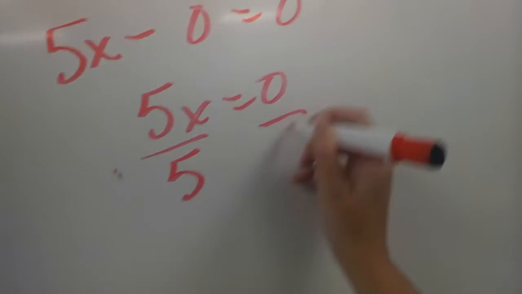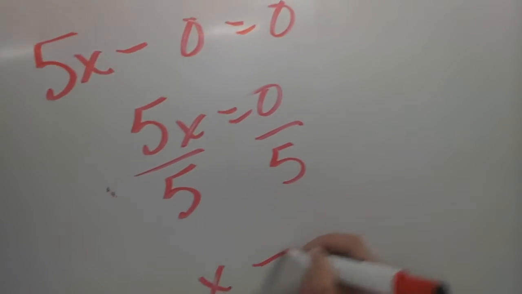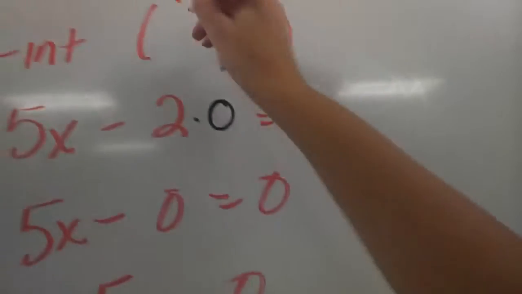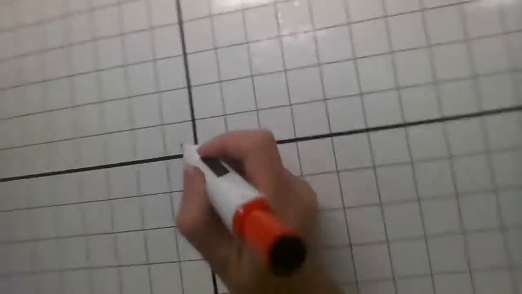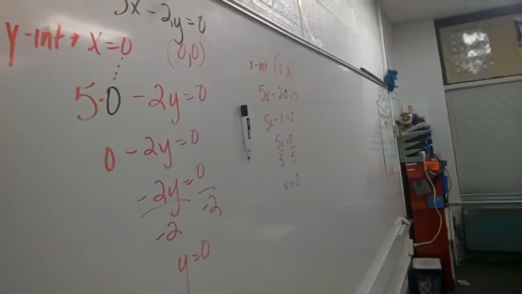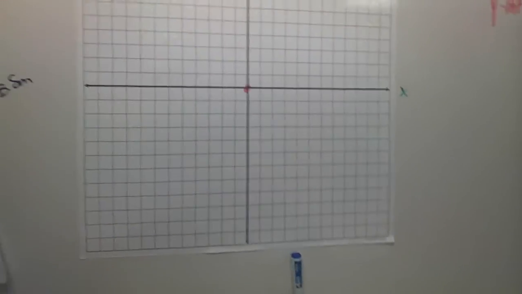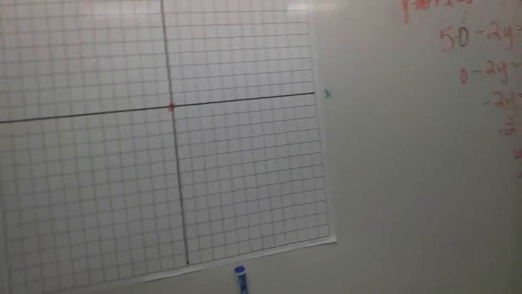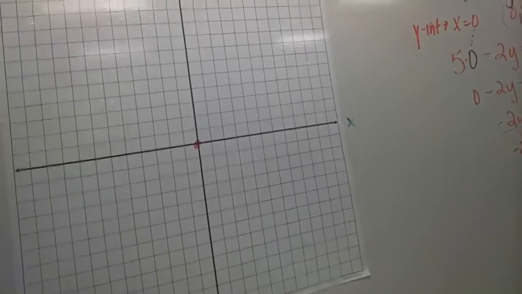Divide by 5. X equals 0. (0, 0). This is one of those situations where I don't have enough information here to plot a line. I can't graph a line because there are an infinite number of lines that will pass through the origin of this rectangular plane.